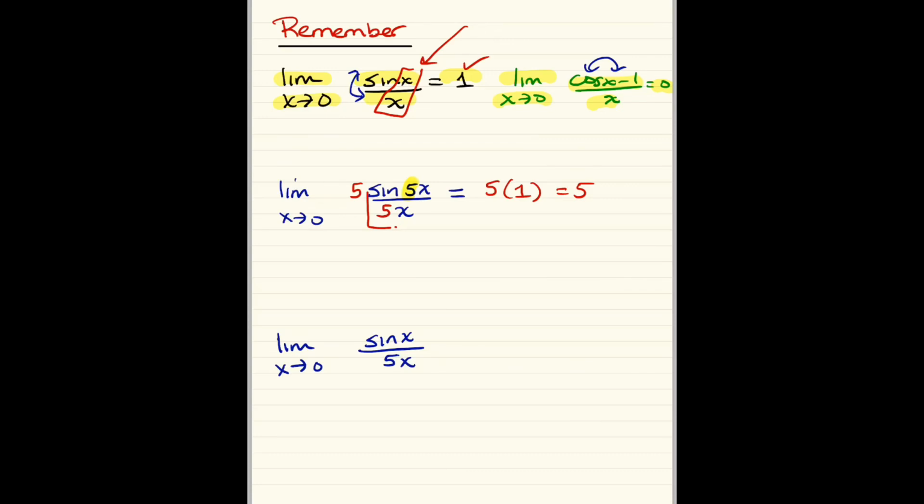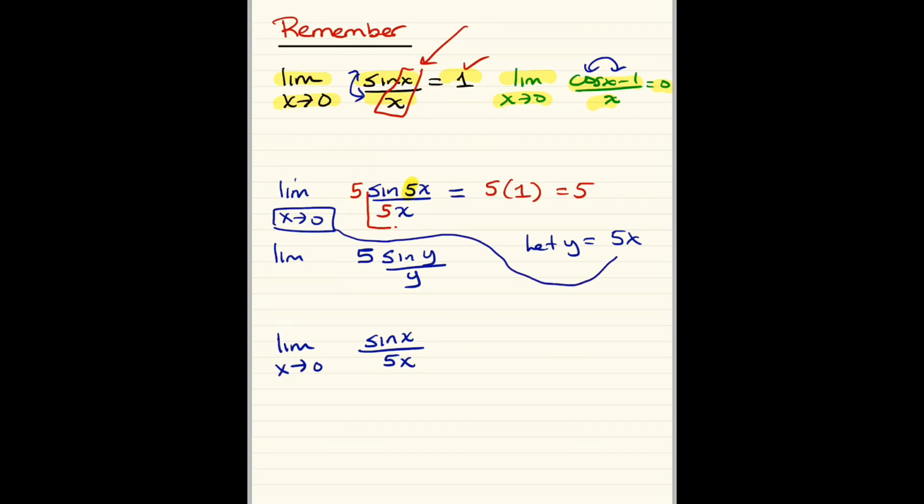So what I'm going to do is say let y equal 5x. Okay, great. So what I have here now is 5 times sine y over y. And now over here I have the limit as x approaches 0, but we changed the variable to y.